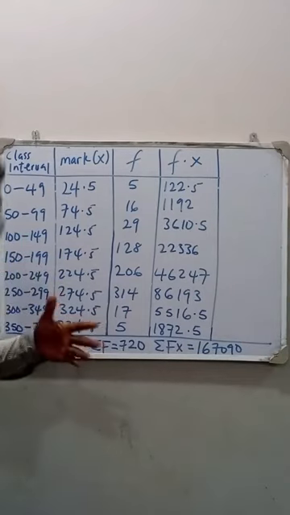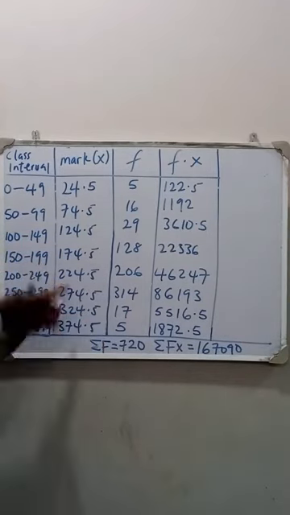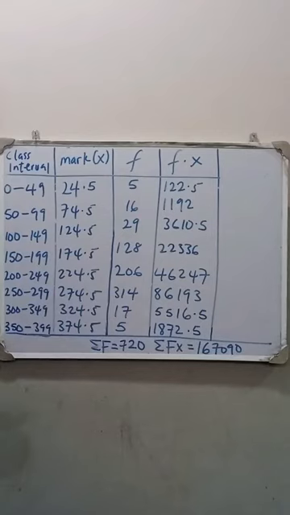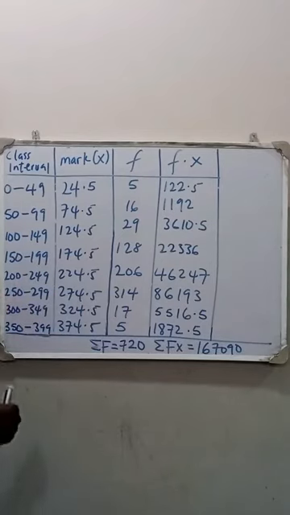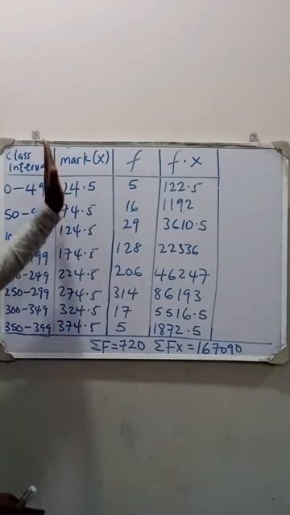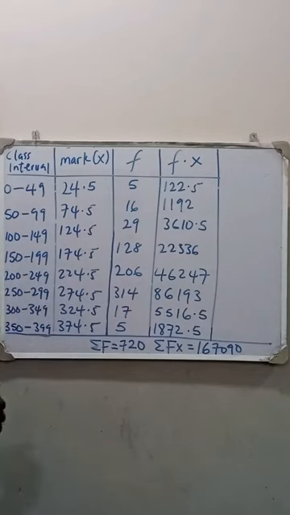Now the answer you get will be divided by 2, which gives us 174.5. So in the exam, please take note of this. This is how we've gotten the marks of these groups, from the first one to the last one.